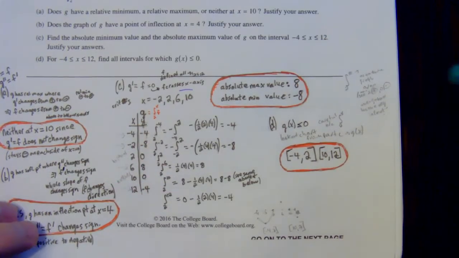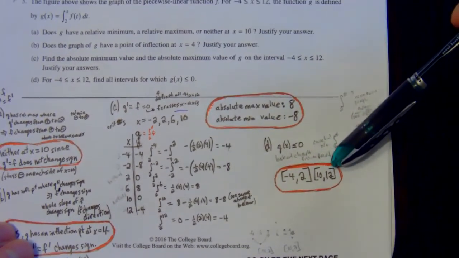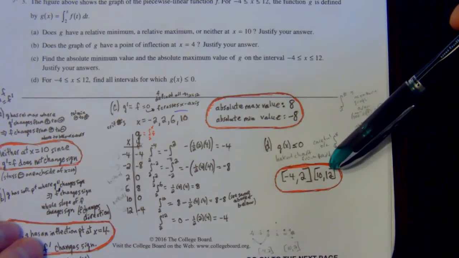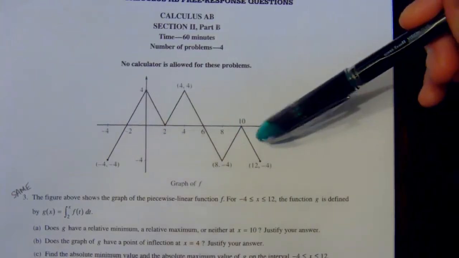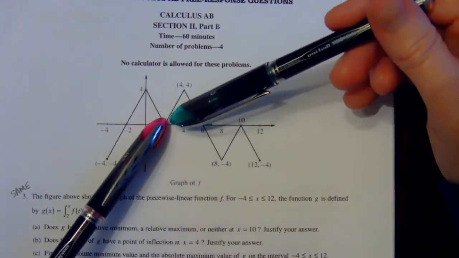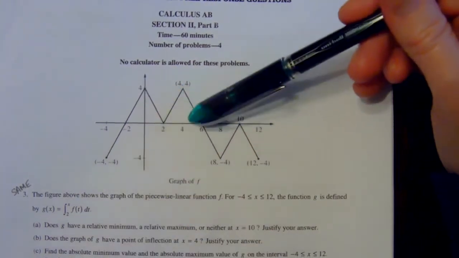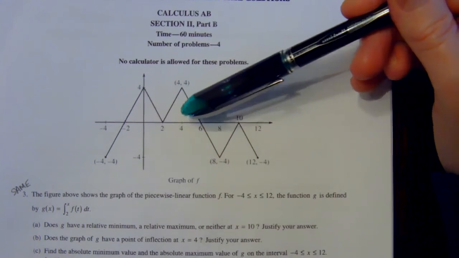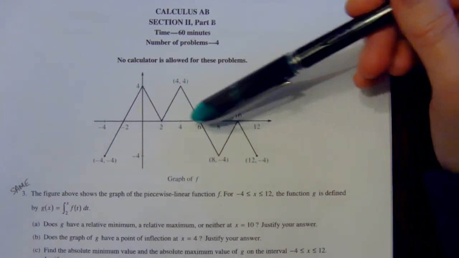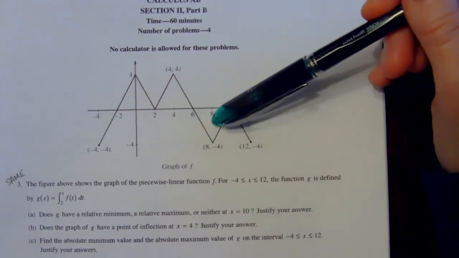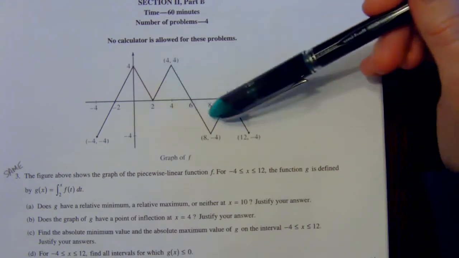Now, you got to be careful looking at the graph. This 10 to 12 interval is pretty easy looking at the graph because your G is the integral from 2 to x, right? And so if you look at just the area between 2 to x, here it's positive because the graph is above the x-axis. Then when you go from 2 to 10, then it's 0 because that's where it's going to be equal amount above and below.